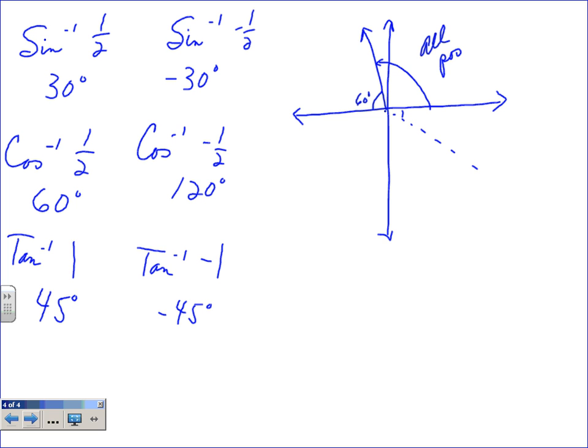If you plug into your calculator, second cosine of negative 1/2, it will spit out for you 120. That's all you have to do. You have to be in degrees, otherwise you get a weird decimal. If you hit second tangent of negative 1, you'll get negative 45. If you hit second tangent of 1, you'll get positive 45. So your calculator will do all of these problems if they're capitalized.